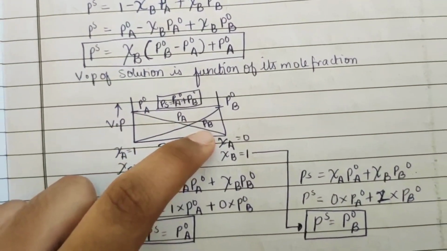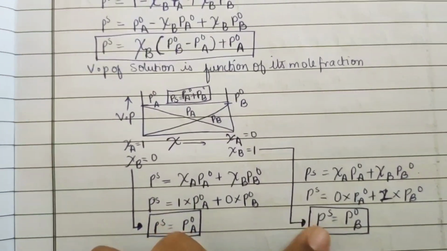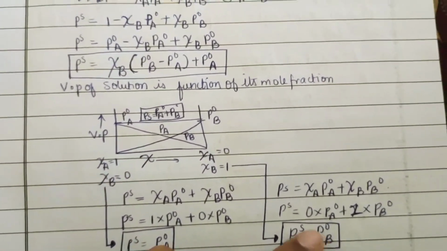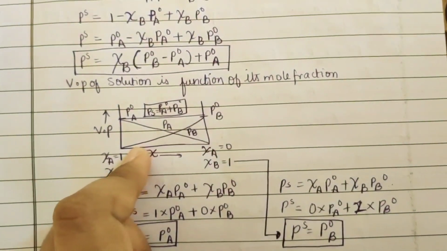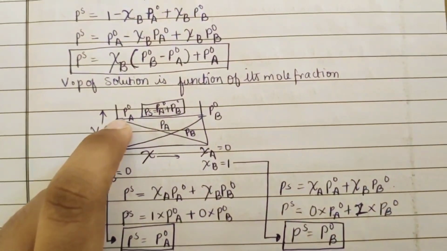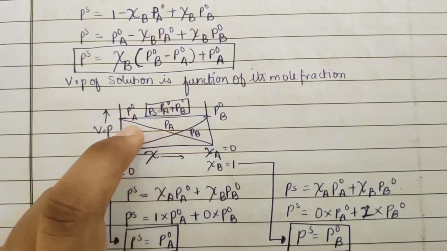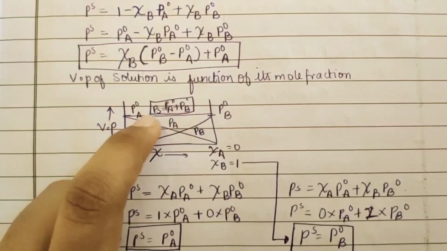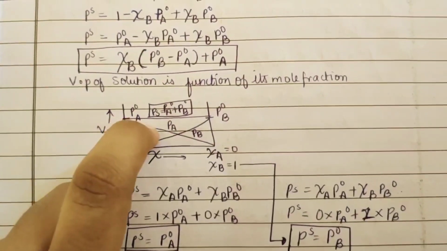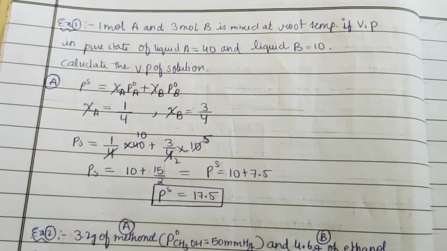From here it will go in a straight line. Similarly, Ps equal to Pb naught where chi A equal to 0 and chi B equal to 1. So it will also go in a straight line, and the sum of both gives Ps. Ps equal to Pa naught plus Pb naught.